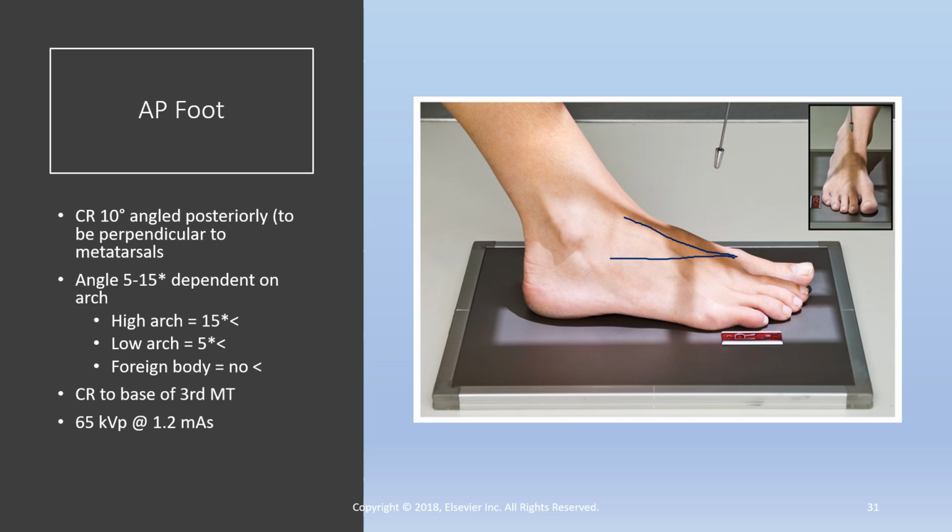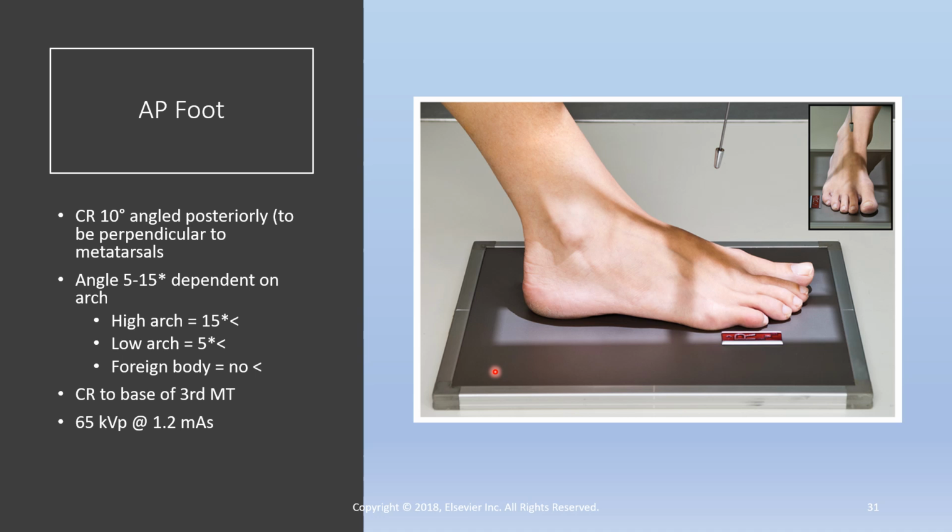Or if they're really high, then you need more of an angle because you're trying to be perpendicular to the metatarsals. All right, so perpendicular to the metatarsals is what determines the angle on the tube. So it's somewhere between 5 and 15 degrees, totally dependent on the longitudinal arch.